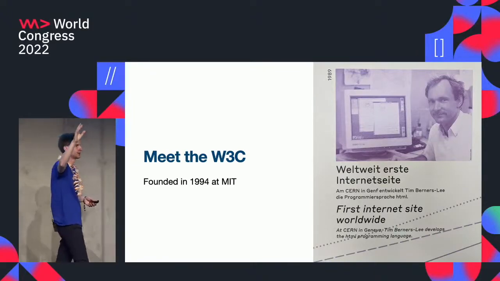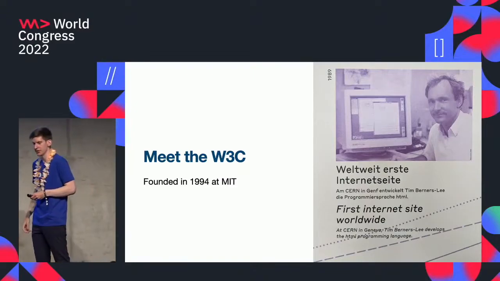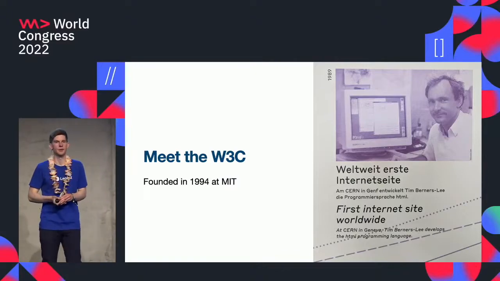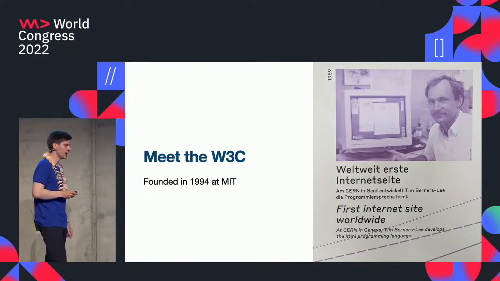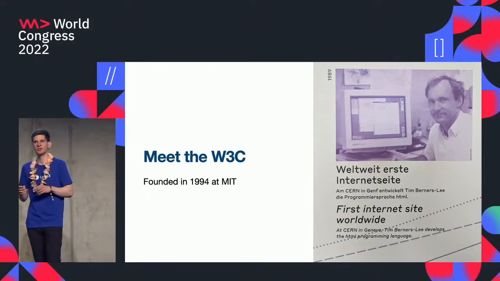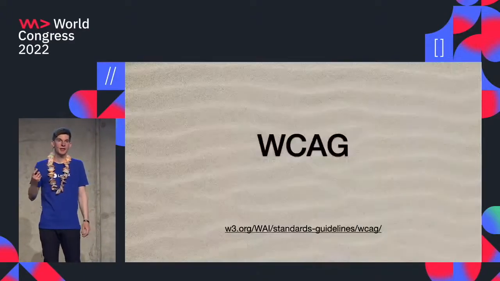So they standardize all things around the web. It was founded by Tim Berners-Lee in 1994. You can see him here in the picture sitting next to a computer screen. And they have a sub-initiative called the Web Accessibility Initiative, which publishes the WCAG.